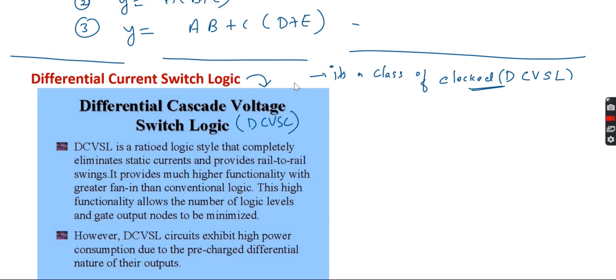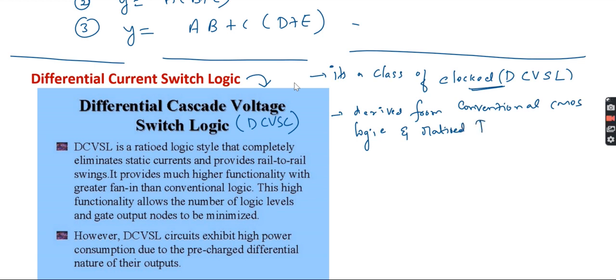Now I will say something: this DCSL is derived from conventional CMOS logic, that is normal CMOS logic, and ratioed pseudo NMOS logic.